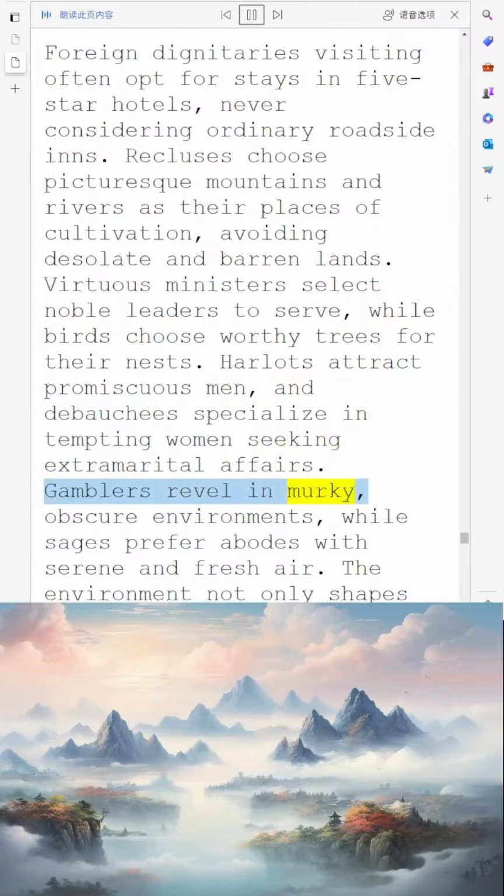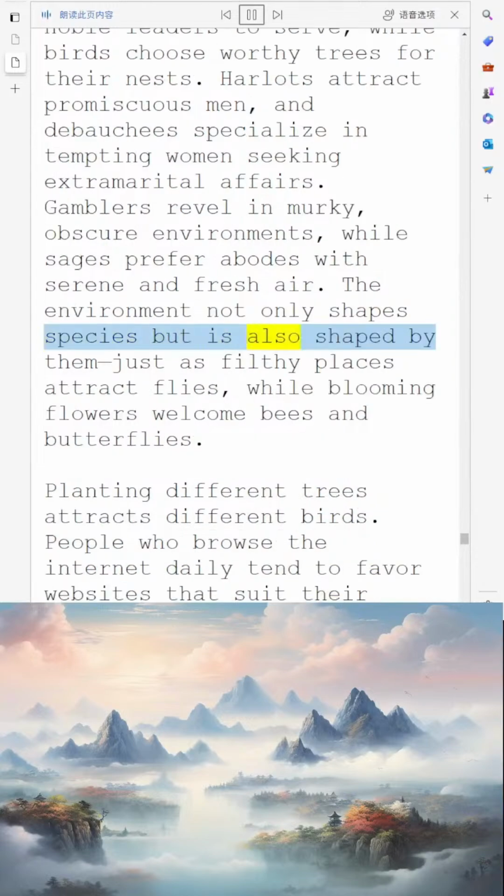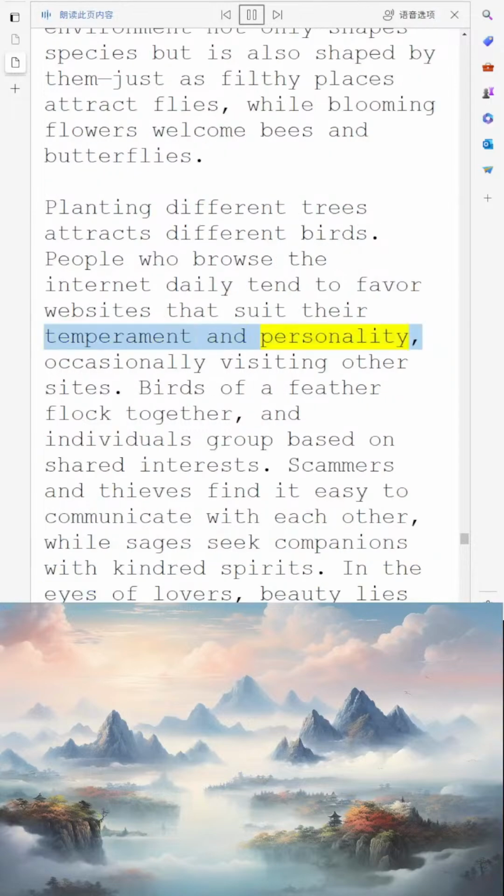Gamblers revel in murky, obscure environments, while sages prefer abodes with serene and fresh air. The environment not only shapes species but is also shaped by them, just as filthy places attract flies, while blooming flowers welcome bees and butterflies. Planting different trees attracts different birds. People who browse the internet daily tend to favor websites that suit their temperament and personality, occasionally visiting other sites.